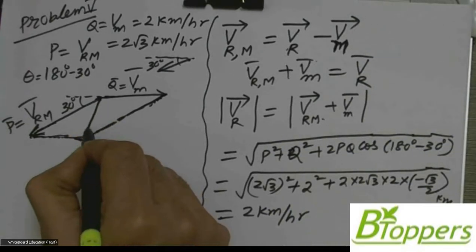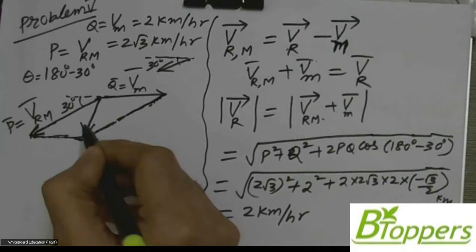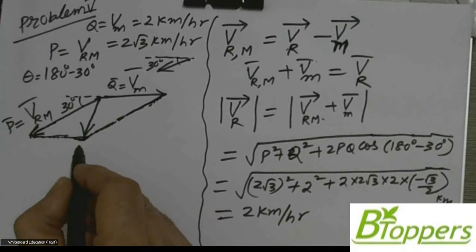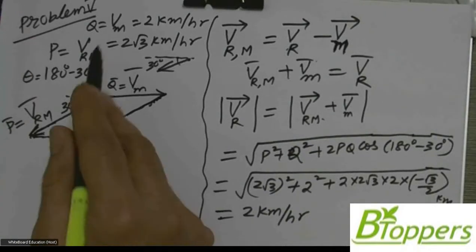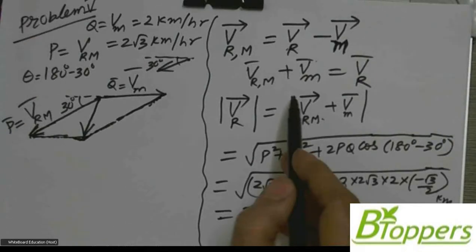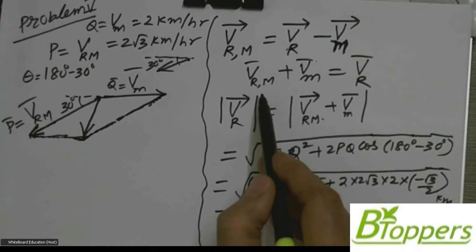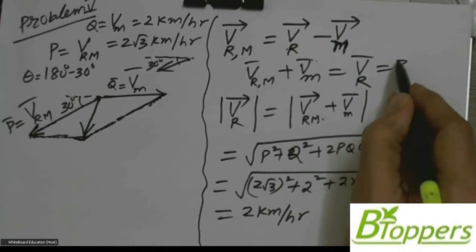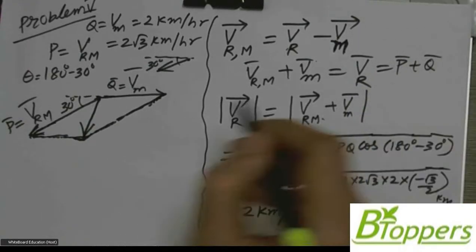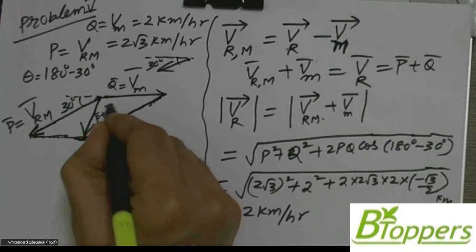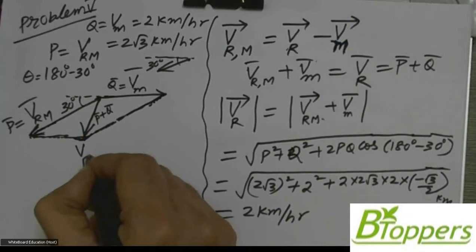The diagonal of the parallelogram represents the vector sum of p bar and q bar. That means the vector sum of the relative velocity and the velocity of the man gives you the actual velocity of the raindrops.